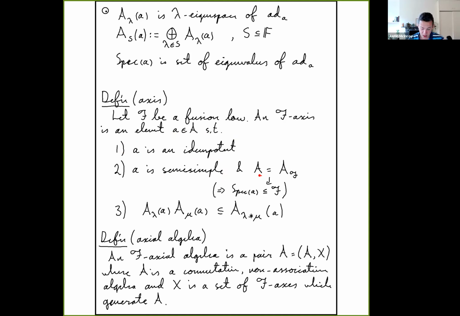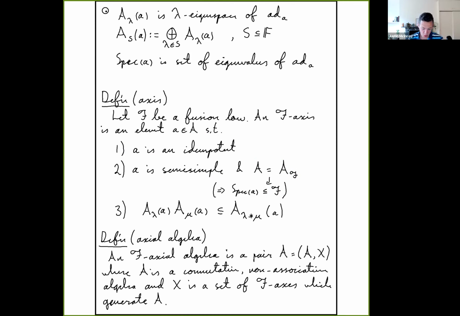And in particular, I want A to equal A_F(a). So what does this mean? It means that certainly all of the eigenvalues are contained in F, and that's just saying that Spec(a) is contained in F. There may also be other things in F which aren't in Spec(a), but I'll say more about that in a minute. So I'm requiring that A is A_F(a).